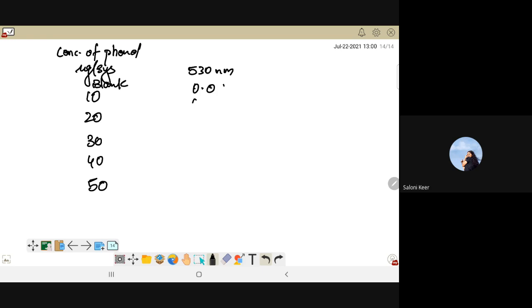Let us say for 10, I have 0.19. For 20, I have 0.37. Let us say here I have 0.65. Here I have something like 0.80. And let us say here I have 0.98. Let us say for control I had done auto zero. So the test value that I got is around 0.40.